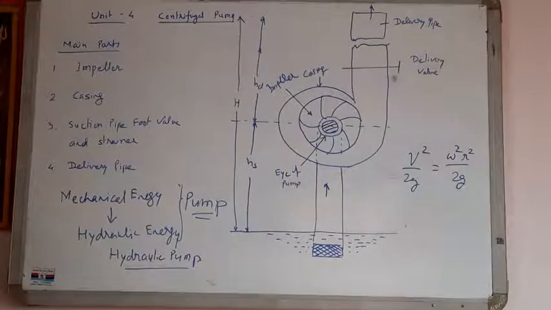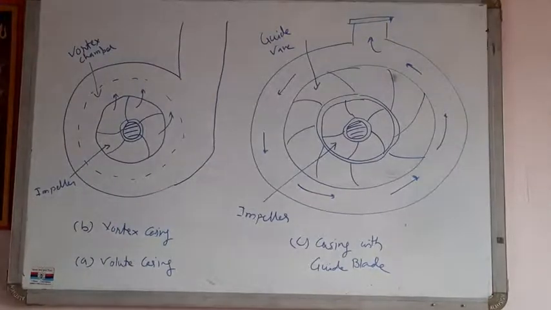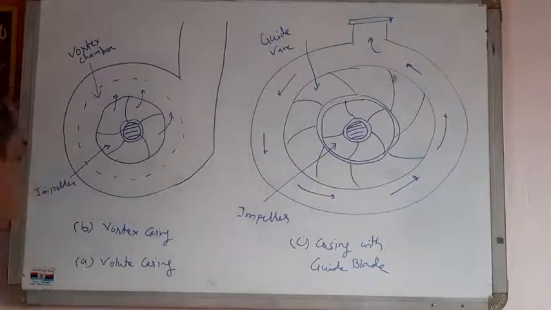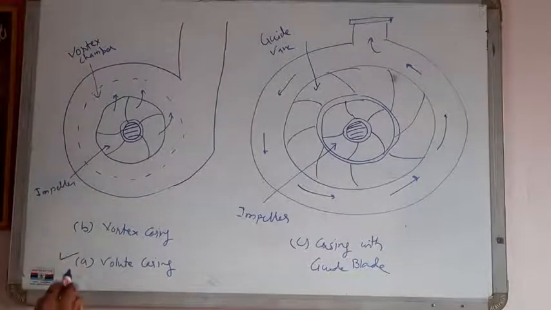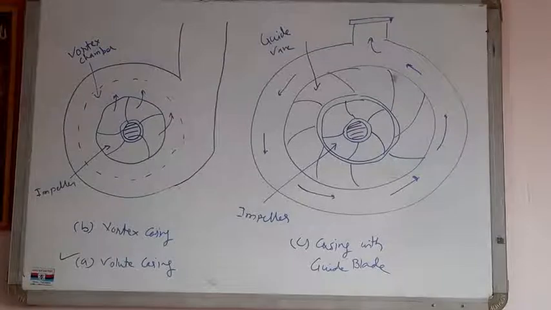Three types of casings are commonly adopted. First is volute casing, which we have discussed earlier in the figure of the centrifugal pump.